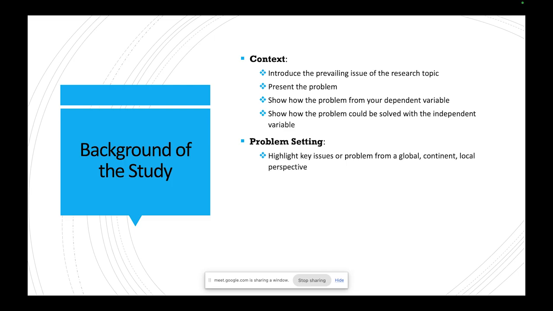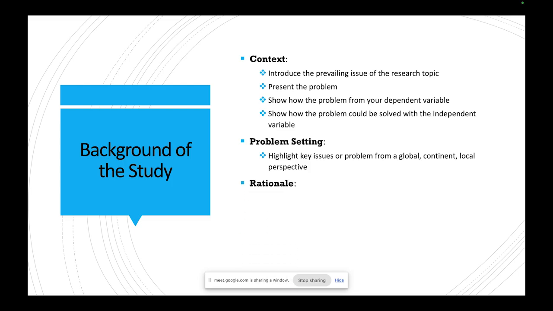Having this in mind helps the reader understand that the problem you are trying to solve is not just in one area. It cuts across a global viewpoint and other parts of the world.